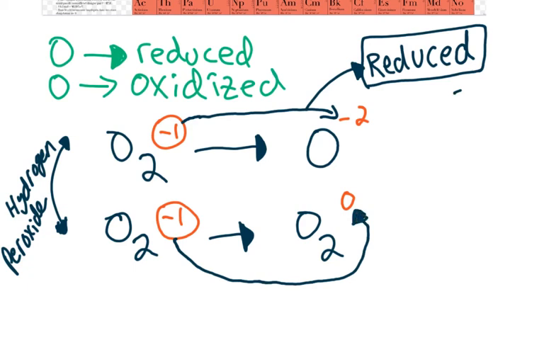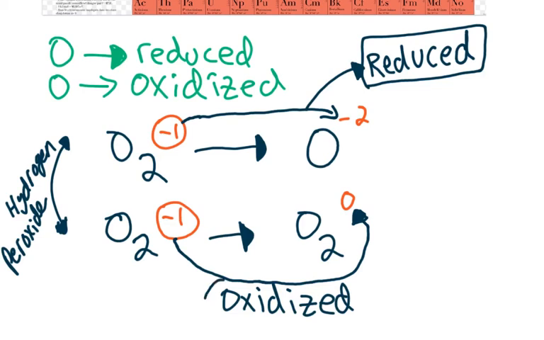And so -1 to 0 is going to be an oxidation reaction, because if we get oxidized, we lose an electron. If you go from -1 to 0, you're becoming more positive. So if we lose an electron, or lose a negative charge, we become more positive. So here oxygen is getting oxidized, from hydrogen peroxide to diatomic oxygen.